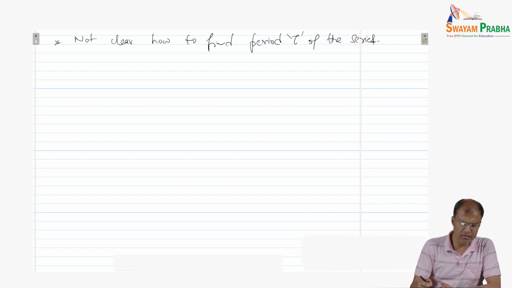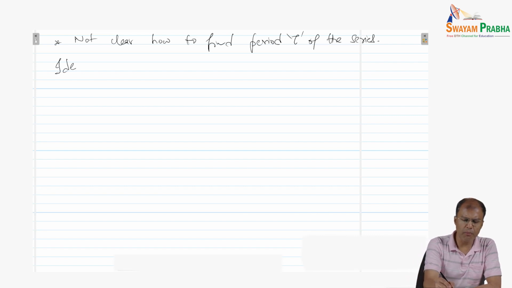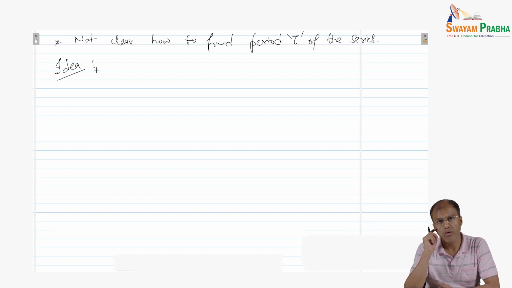Now, the idea is, in order to match these properties, let's say periodicity, we are going to replace the time variable t by a new variable s, which involves the angular frequency information, right?